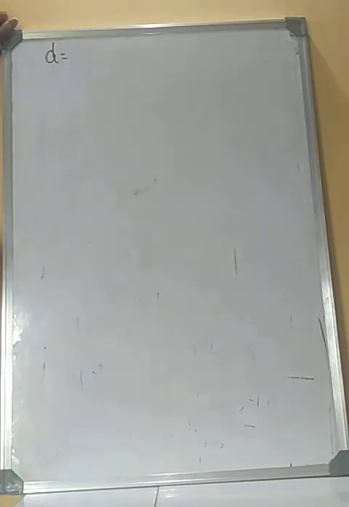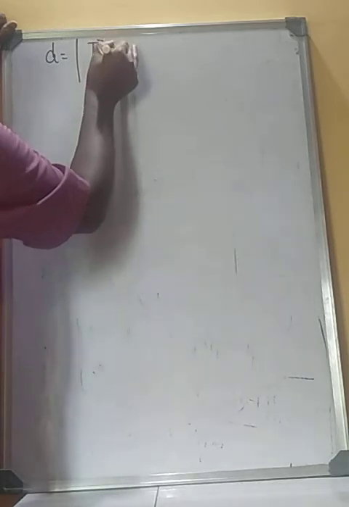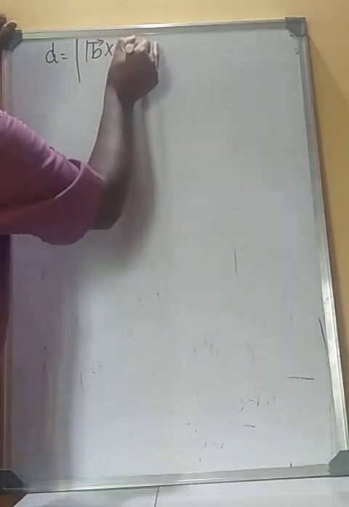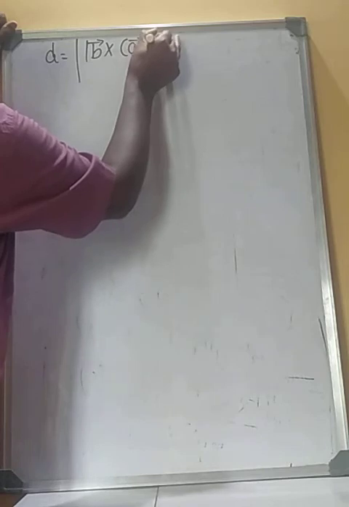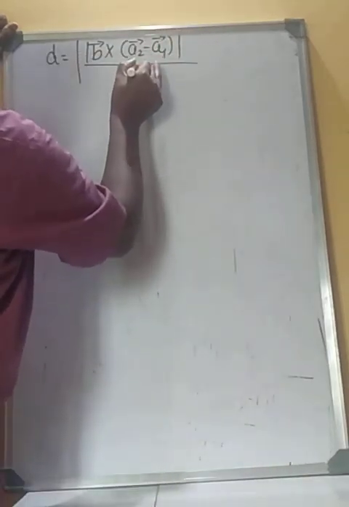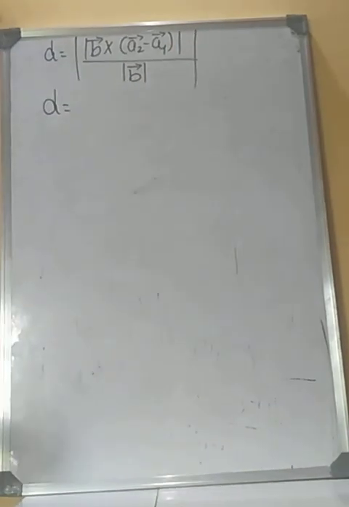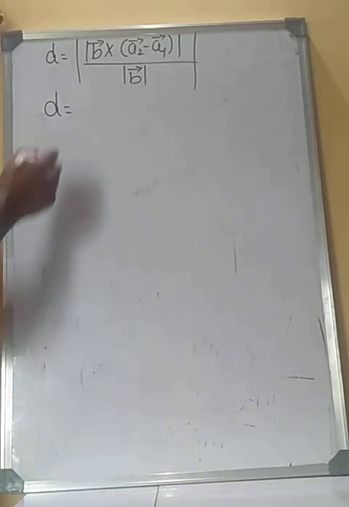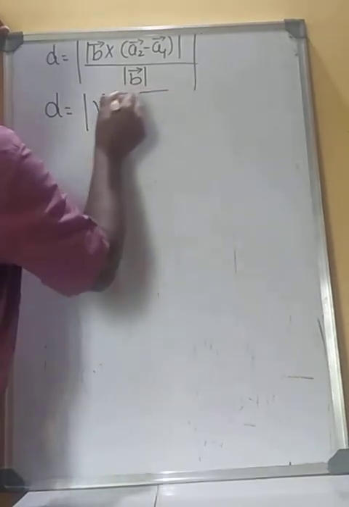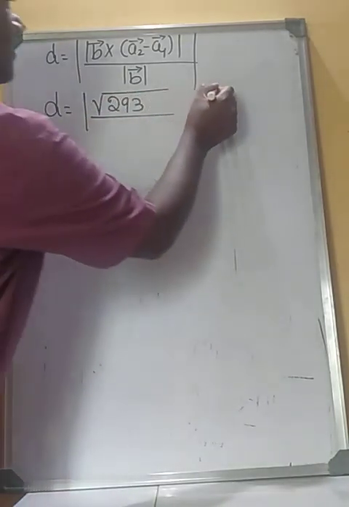So the distance between lines, that is D, equals the magnitude of B vector cross (A2 vector minus A1 vector) divided by the magnitude of B vector. Therefore, D is equal to the square root of 293 divided by the magnitude of B vector.